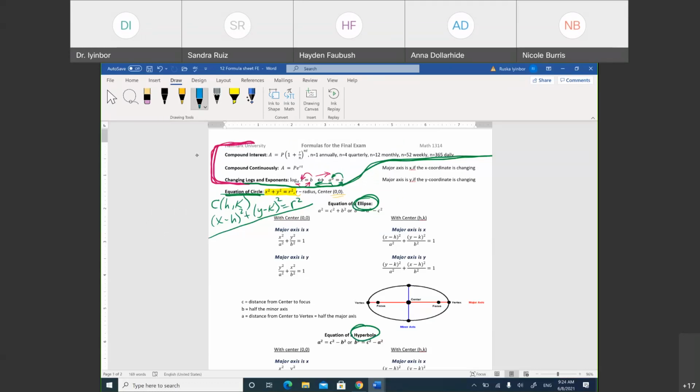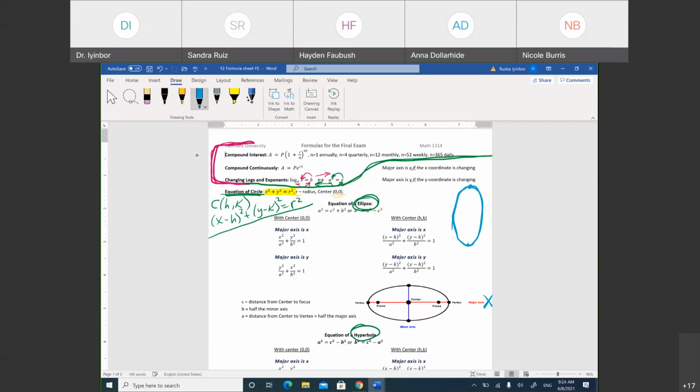It's open to the x-axis. And the major axis is x-axis. Major axis is how it's open. So this is how the major axis x looks like. The major axis y looks like this. This is the graph of major axis y. So if it's upside down, it's major axis y because the major axis is from this point to this point.